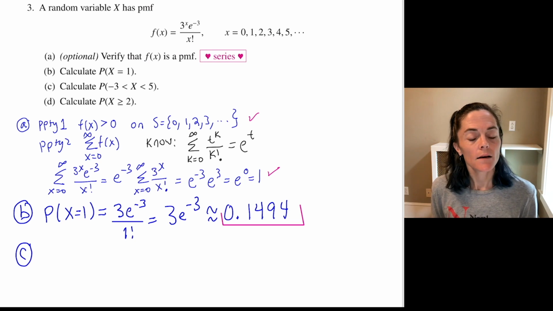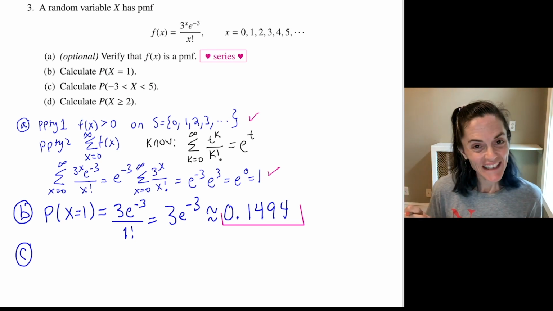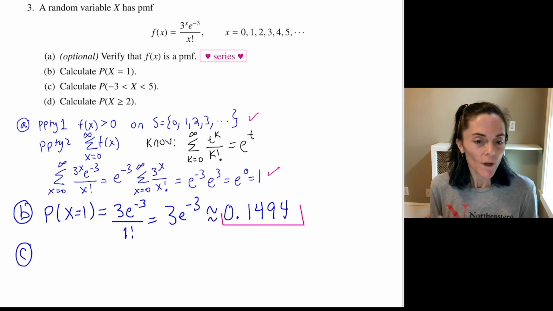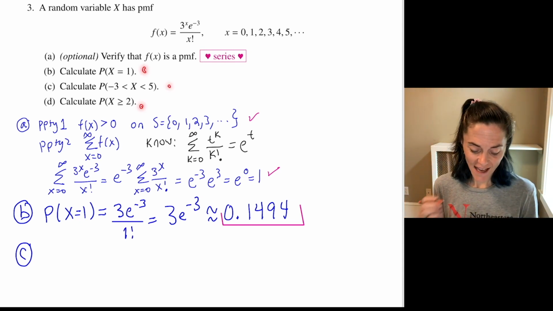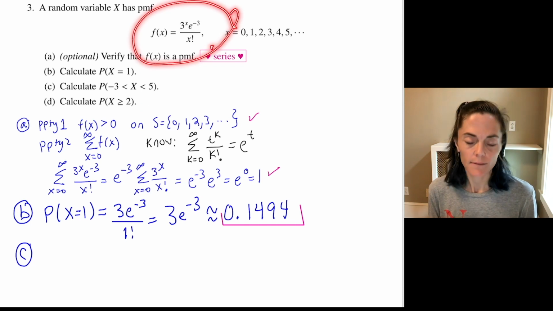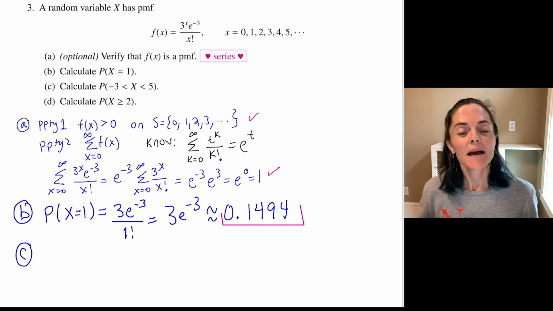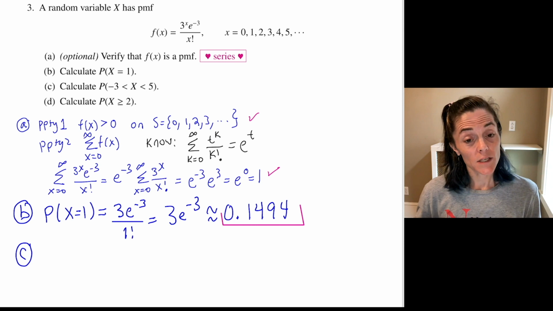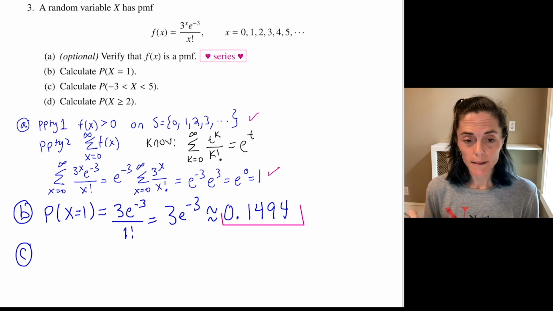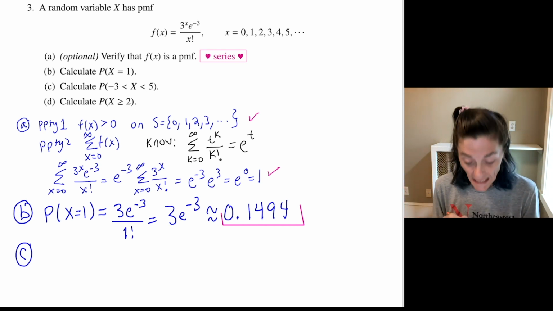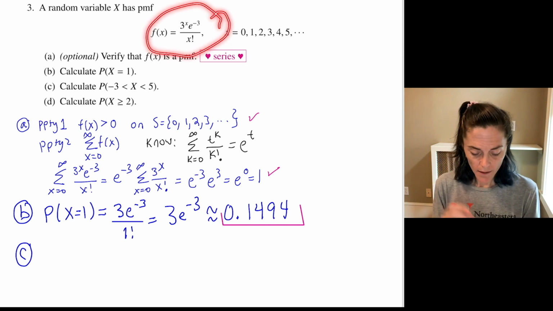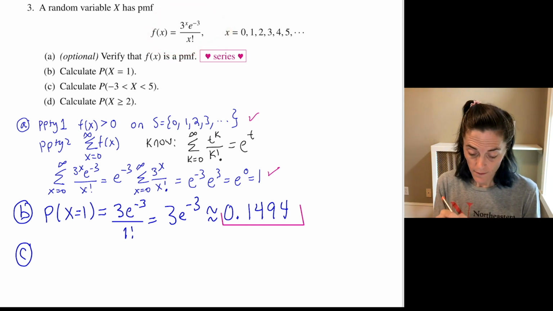Letter C. This one I'm probably going to use R, so I will show you what I'm doing in R in just a moment. Really, if you wanted to, you could use R for any of these, especially with a function this intricate. But let's talk about this first because it's quite important. If you just try to add, well, so we do not include the endpoints.